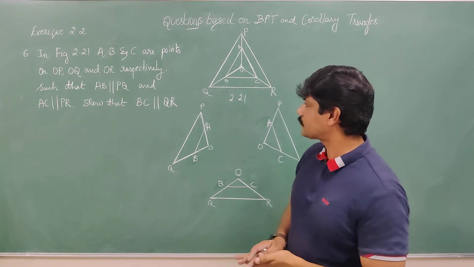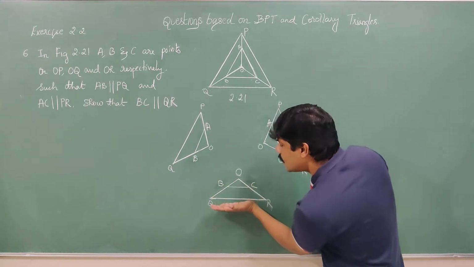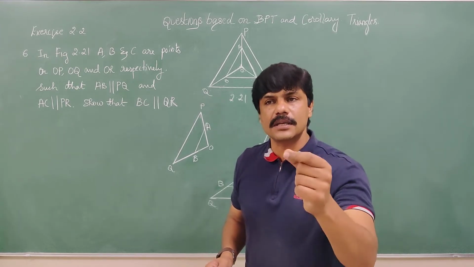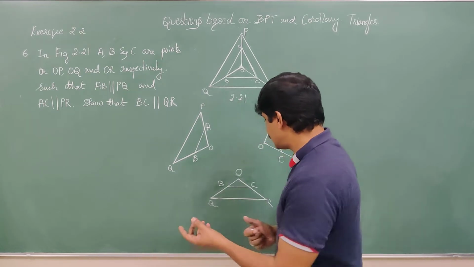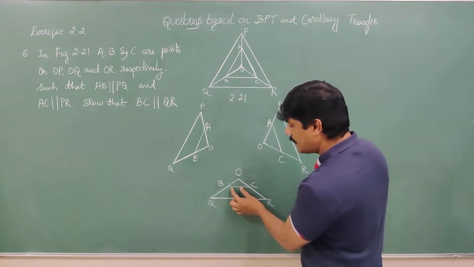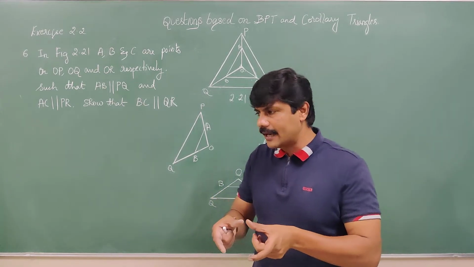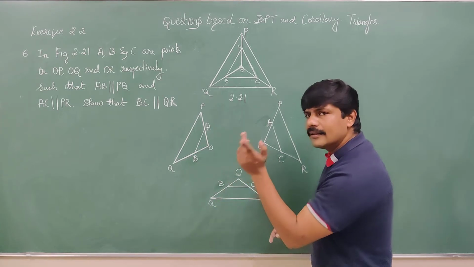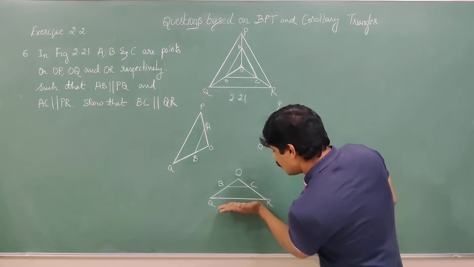To prove a line is parallel to one of the sides of a triangle, how do you prove it? By the converse of BPT. What is the converse of BPT? If a line divides the other two sides of the triangle proportionally, or in the equal ratio, then that line must be parallel to QR.